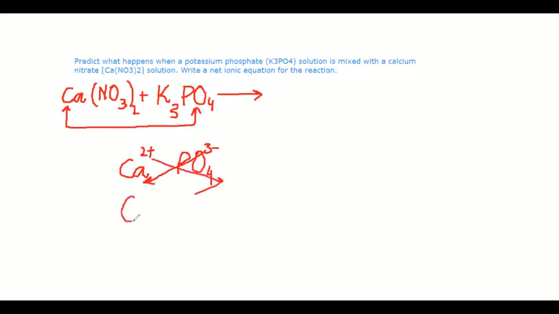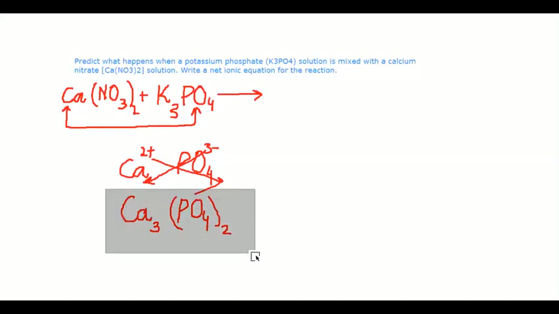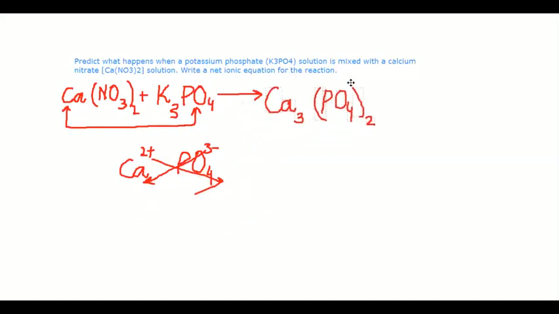So the correct formula will be Ca3(PO4) twice. So Ca3(PO4)2.